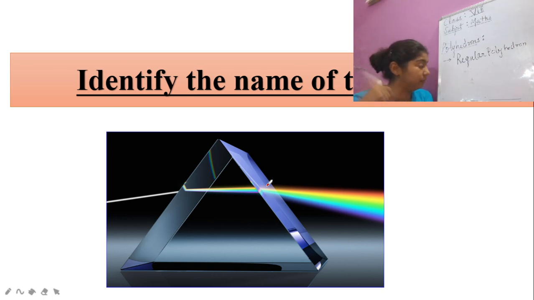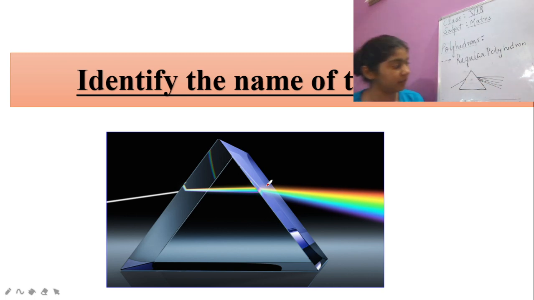Light is coming out from there, it acts as a prism. From there we get different lights, so this is a prism.